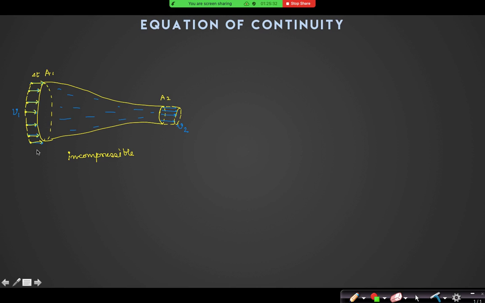So the volume of the liquid that is entering is A1 V1 delta t, because this length is V1 delta t. Similarly, the volume coming out is A2 V2 delta t.